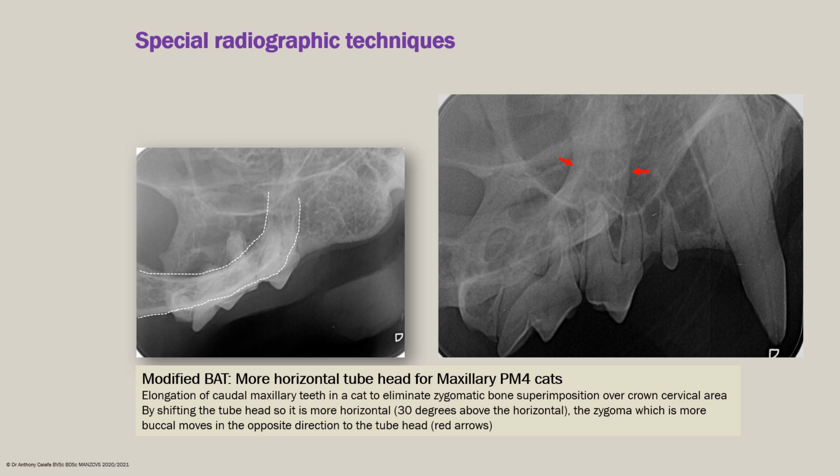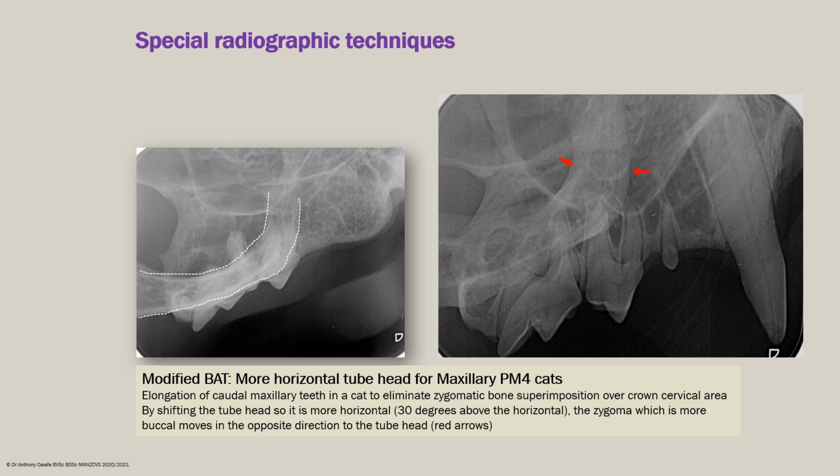The tube shift can also be used when taking a view of the maxillary premolar 4 in cats. Often, if we take a normal 45 degrees to the horizontal view of the maxillary fourth premolar in cats, we get superimposition of the large zygoma over the cervical area of that tooth. If we utilize a tube shift and shoot from 30 degrees from the horizontal in the vertical direction, that tube shift will mean that anything that is buccal will move in the opposite direction to the tube shift.